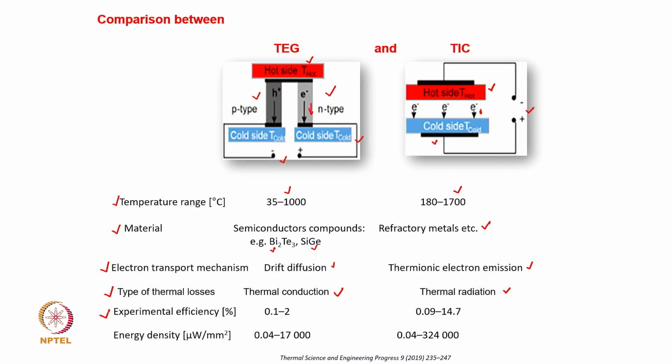Okay. But here we can have a higher efficiency. Okay. These are typical numbers. One has to see the technical chart of different devices that are being used, but these are typical numbers, and here we can see the efficiency is higher as compared to TEG.